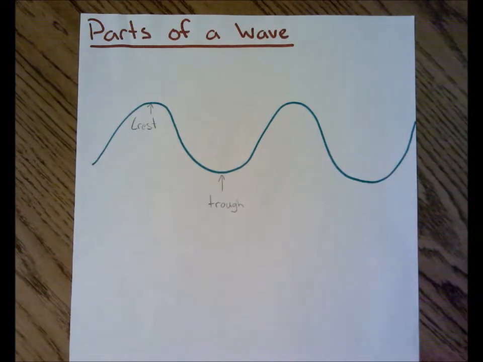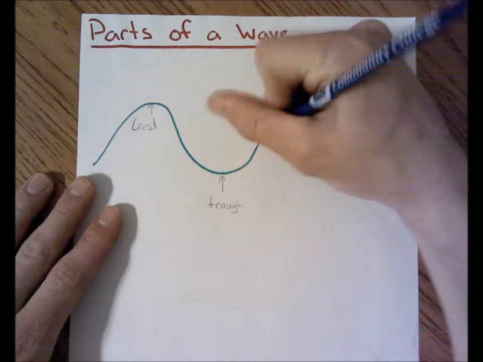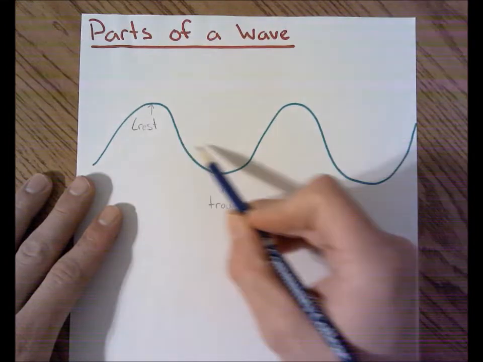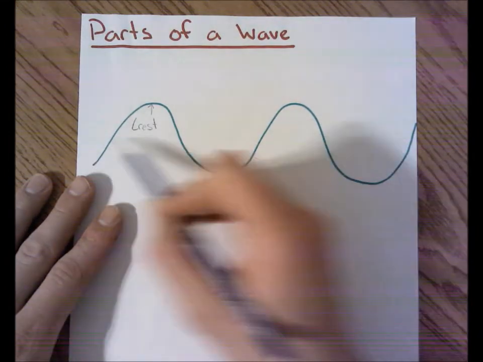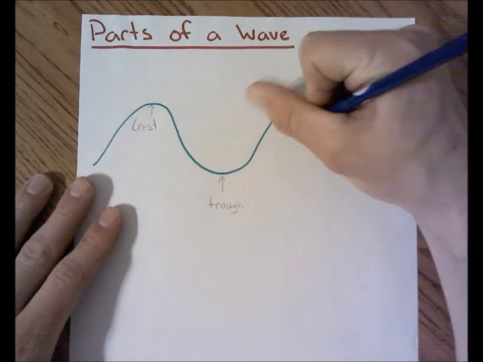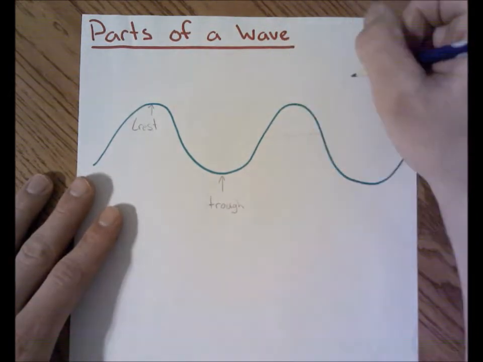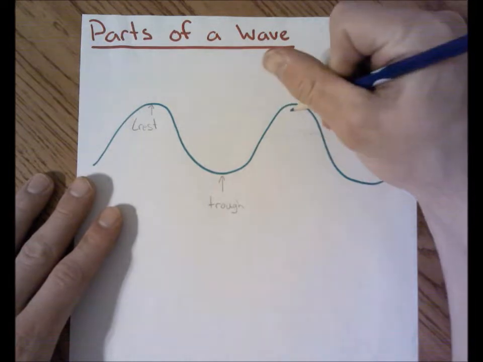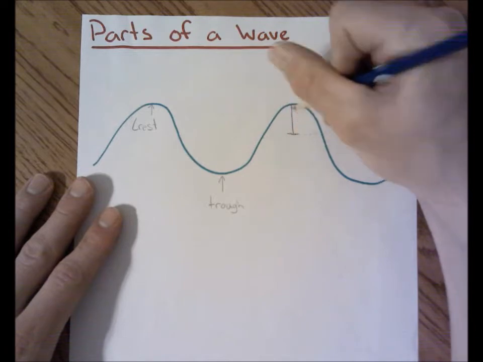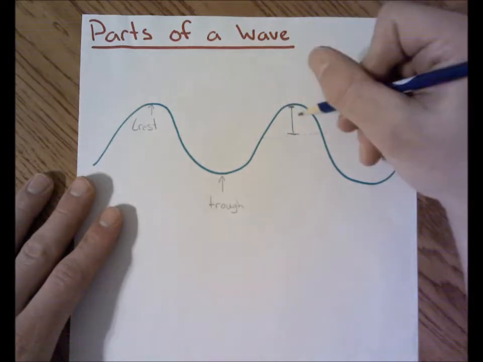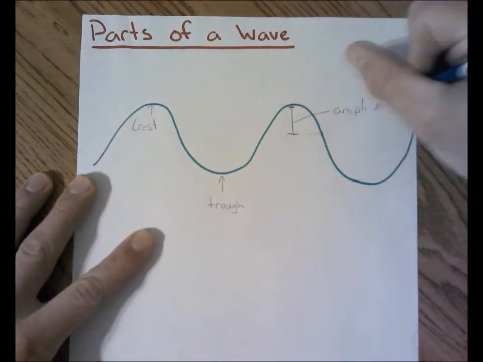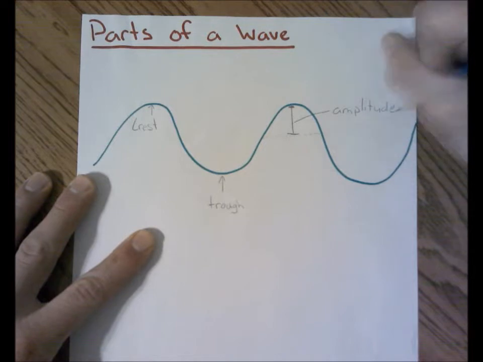Now, the other thing that we have to discuss is the amplitude, or the height. And so imagine this. Imagine cutting the wave directly in half from left to right. So what I'm going to do is draw a dotted line. And so the space from the dotted line here to the crest, this is the amplitude of a particular wave.